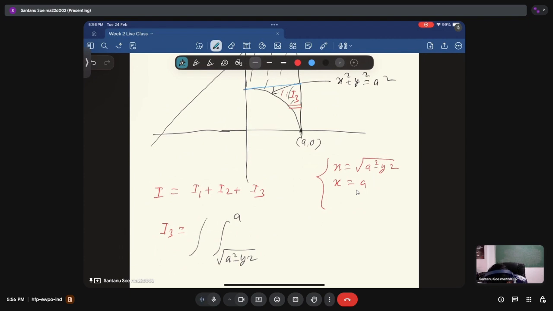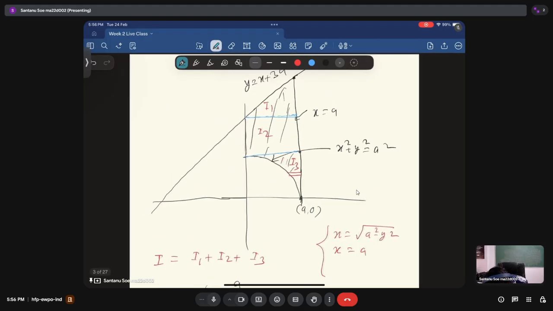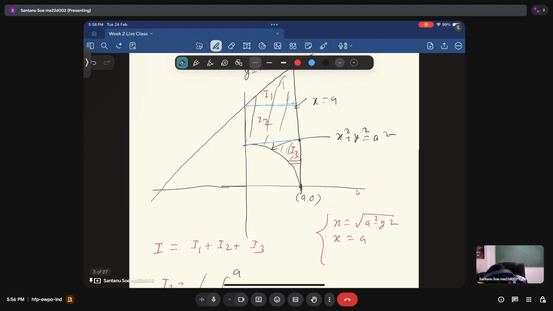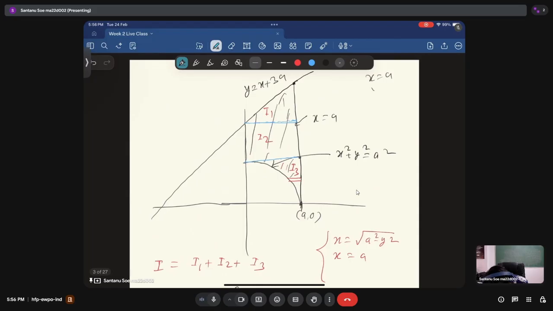And what about the y limit? So y limit will be from this point to this point, correct? Now since this is the line x equals to a, and this is the circle x square plus y square equals to a square, if you just put x equals to a here, it will be y equals to 0.